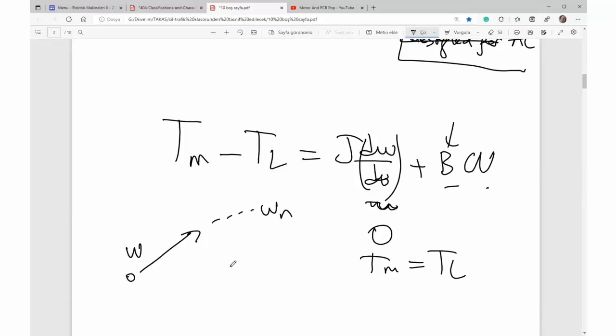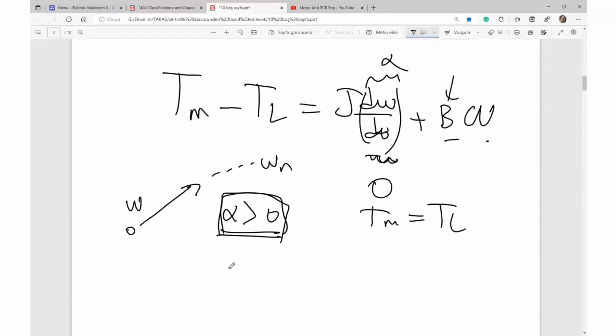To manage this, angular acceleration alpha must be positive to increase the speed. To have positive acceleration, the motor must produce much more torque than the load torque, Houston.